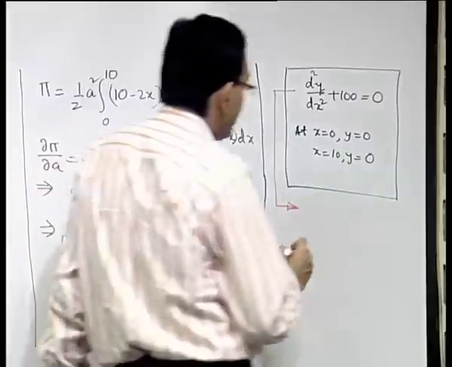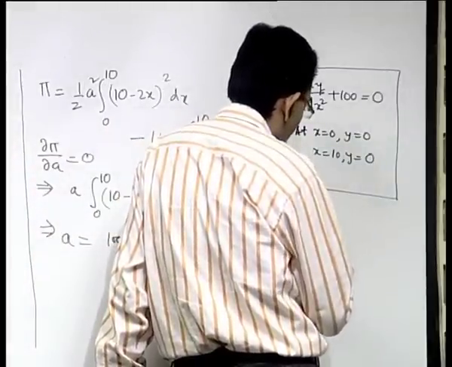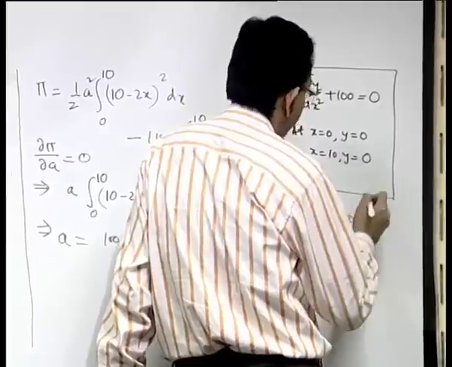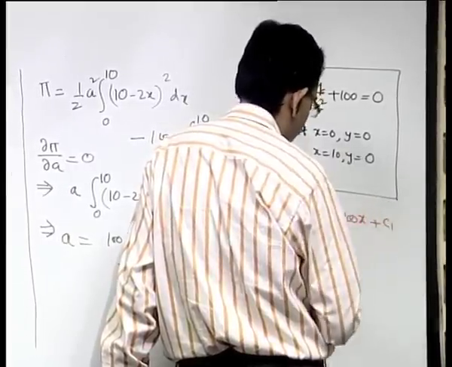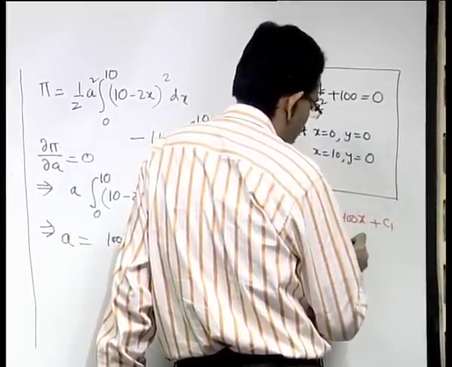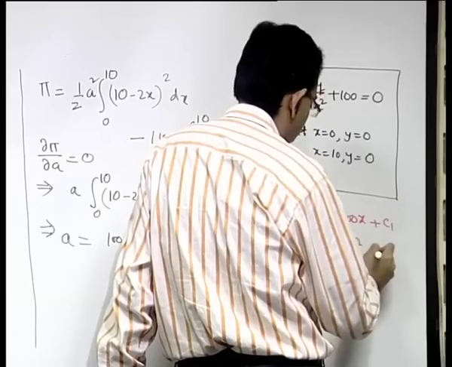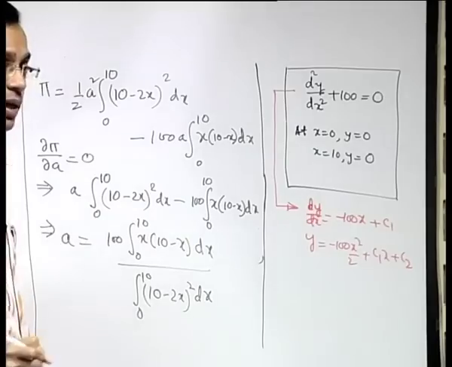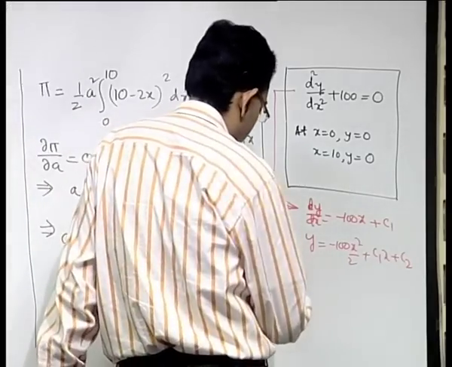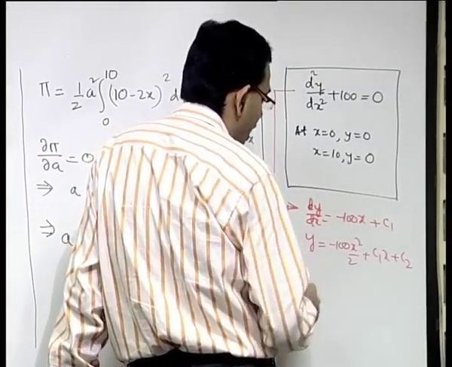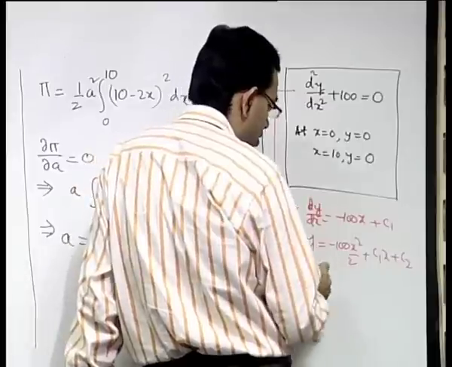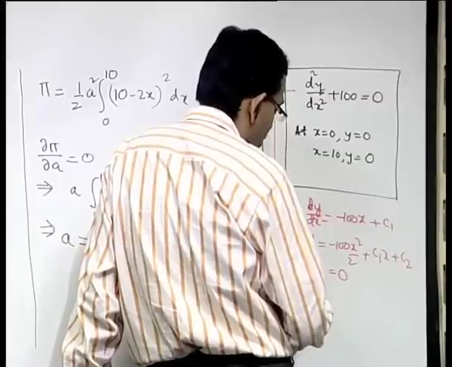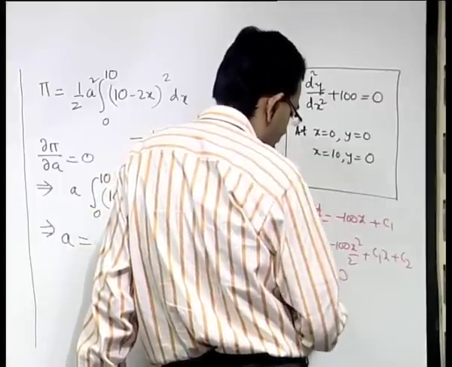So, you integrate it once, dy dx is equal to minus 100 x plus c1 and y is equal to minus 100 x square by 2 plus c1 x plus c2. So, apply the boundary conditions. At x equal to 0, y equal to 0, that means c2 equal to 0. Second boundary condition, at x equal to 10, y equal to 0.